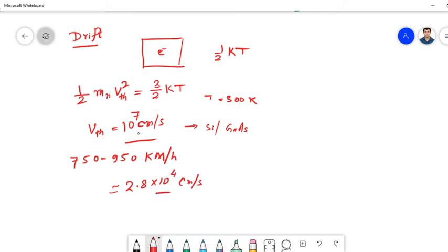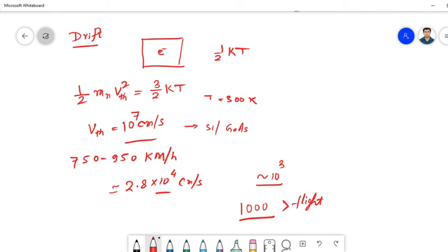So the difference is of the order of 10 to the power 3. The speed of an electron at thermal equilibrium is almost 1000 times higher than any flight speed. So you can imagine how fast it is.